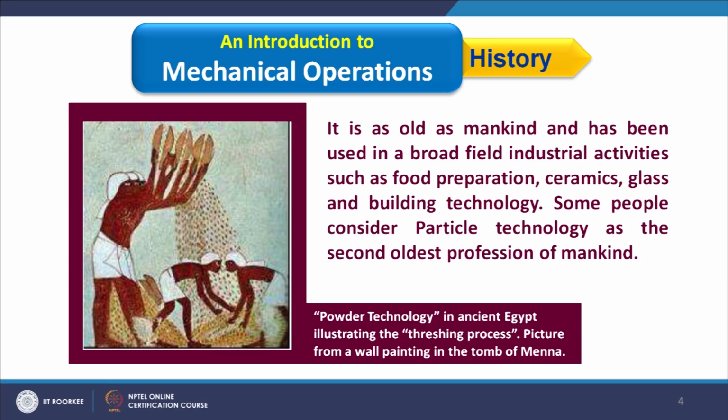Some people consider particle technology as the second oldest profession of mankind. So if you see here, two terms are there, powder technology as well as particle technology. Both are synonymous of mechanical operation. So once I am telling about particle technology and powder technology, I am telling about mechanical operation only.